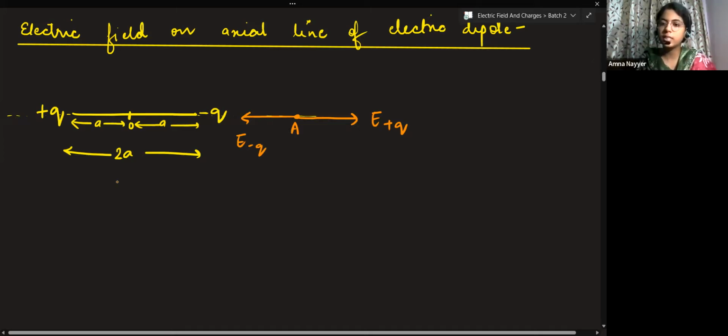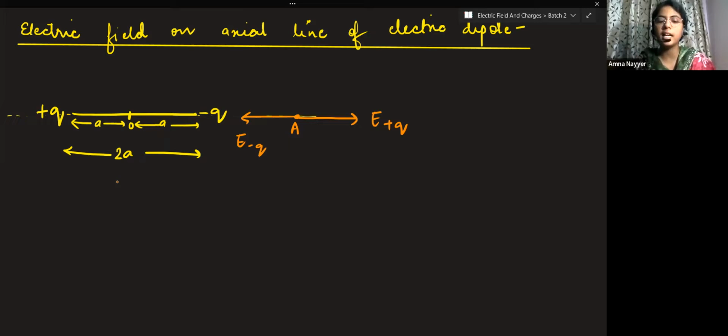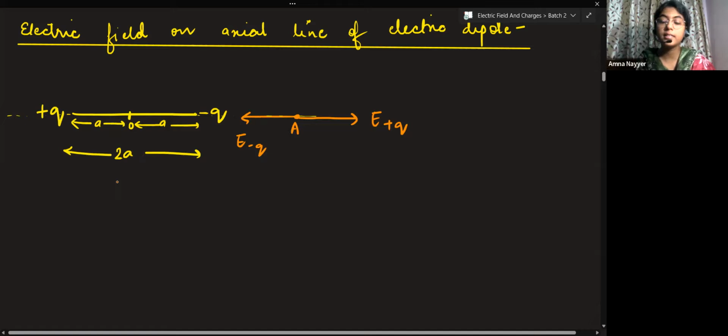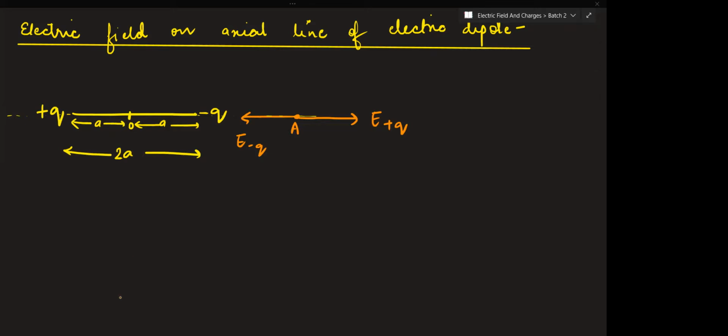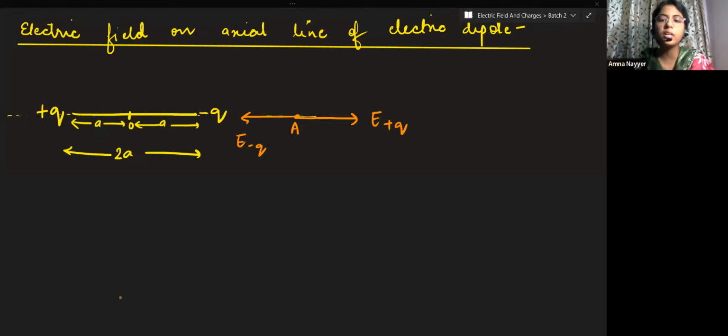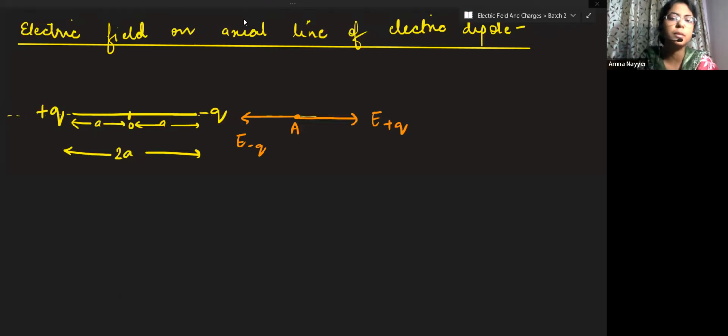Now, as we have discussed, if you have more than a single vector quantity with you, what is the name of the principle that we use? Yes, in the last class we have done the superposition principle.